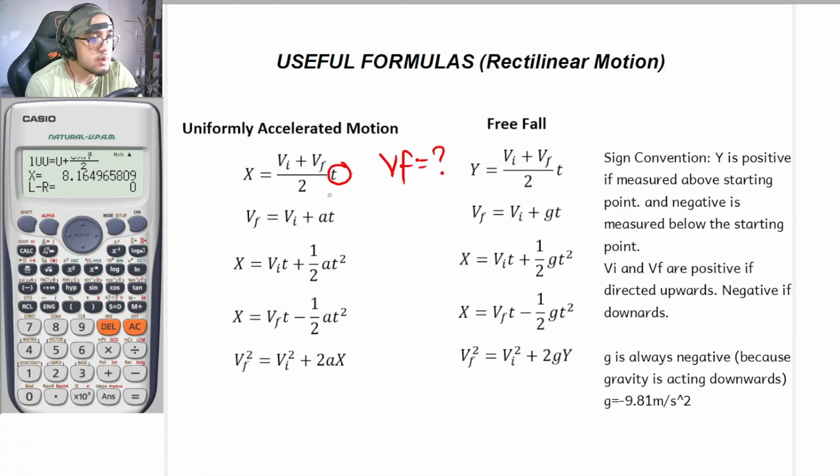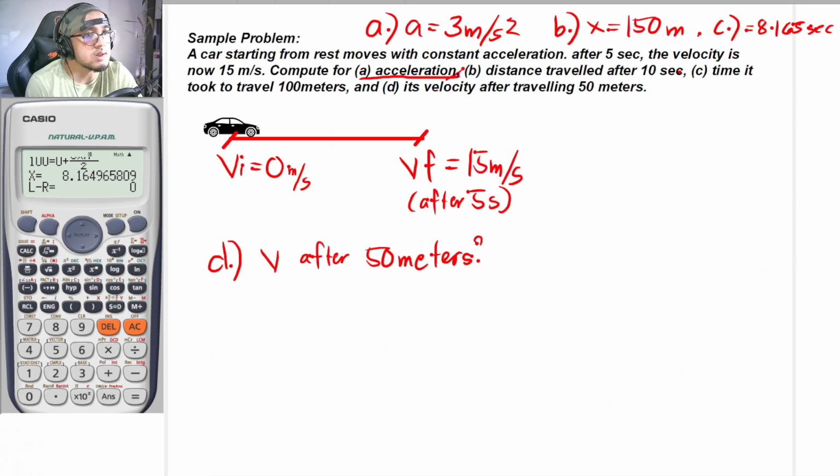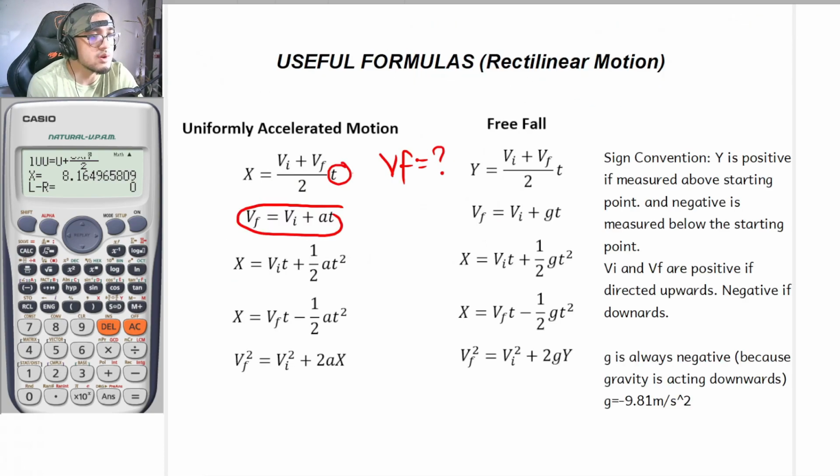We cannot use this directly because the one given in the problem is the distance. So we would be searching for a formula that, in terms of distance, would give us an answer in velocity.